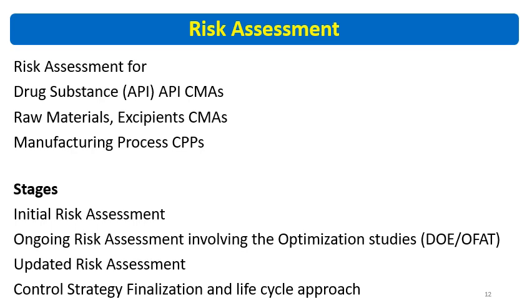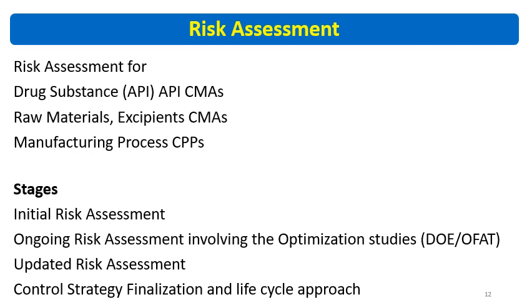So the stages of the risk assessment are the initial risk assessment. Then once you finalize the risk, you have to study the factors affecting that risk. That involves ongoing risk assessment involving the optimization studies. Formulation optimization studies may be done with DOE trials using software and OFAT trials, one factor at a time type of trials.